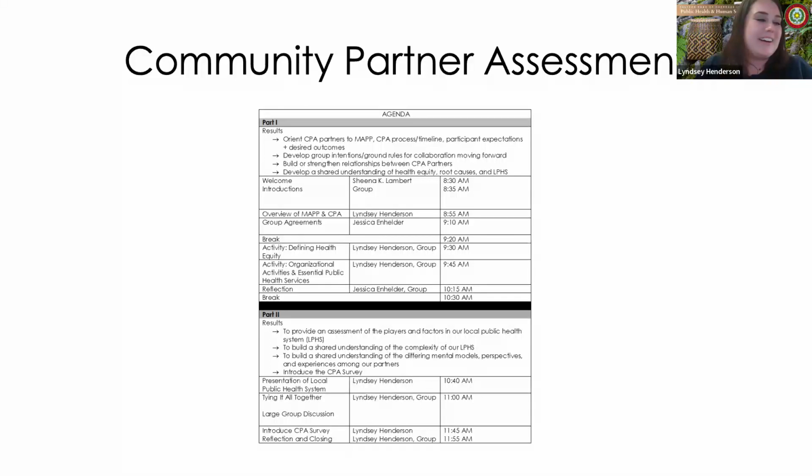And I don't have a slide in particular for the health equity definition, but the definition that was read off earlier is what we displayed to use. And we did add a few things to that definition out of the group, and that was to complement and adjust our health systems to meet community needs.